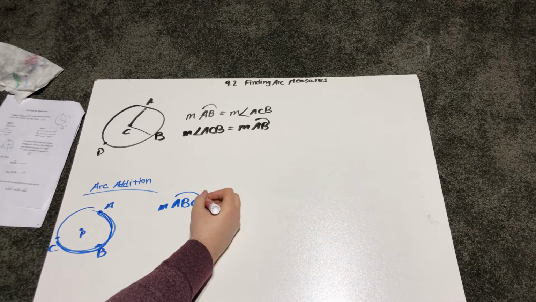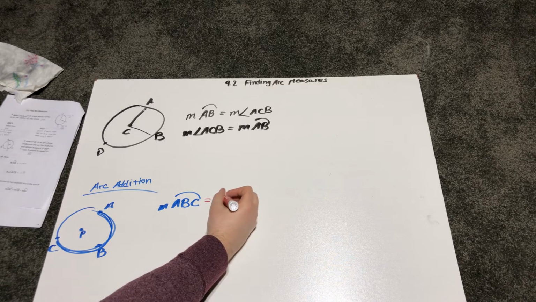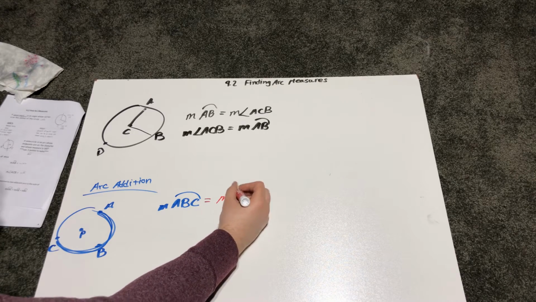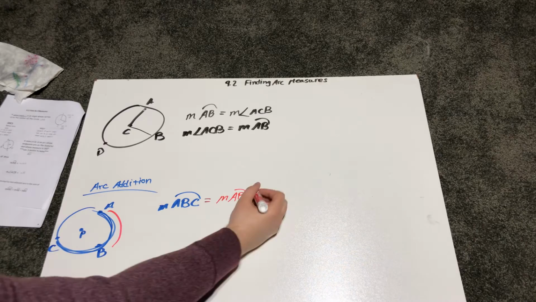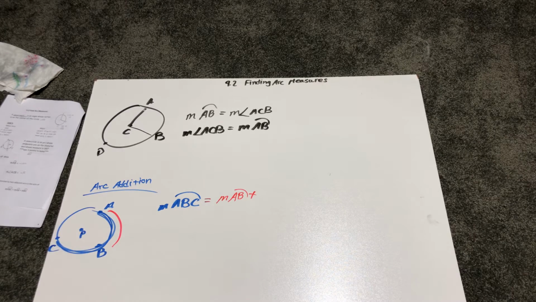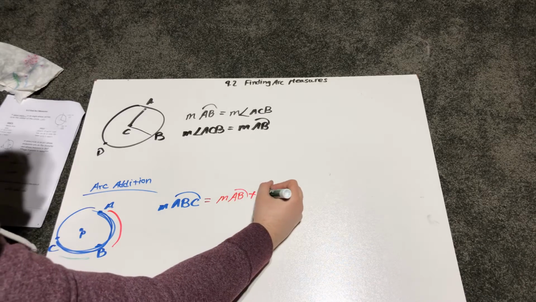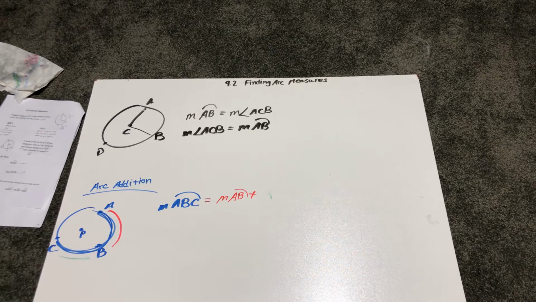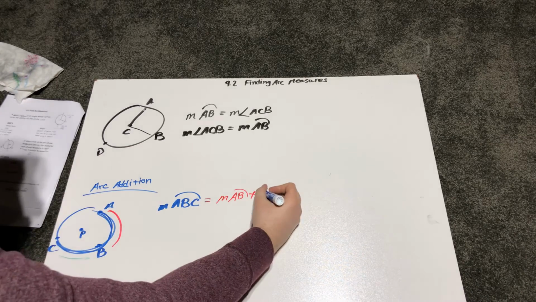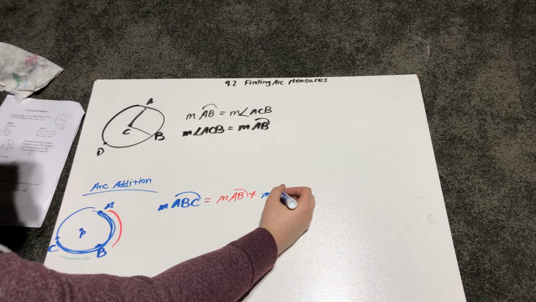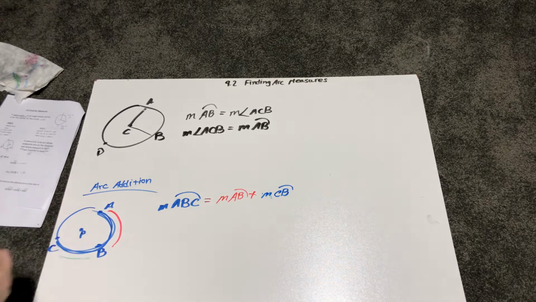We can say that is equal to the measure of arc AB plus the measure, that marker's dead, the measure of arc CB. So just like line segments, if we add them up, it's going to equal the whole.